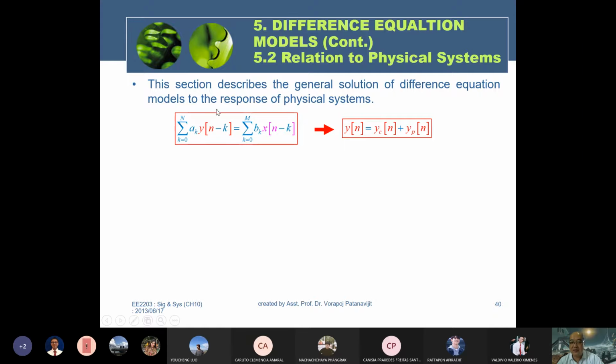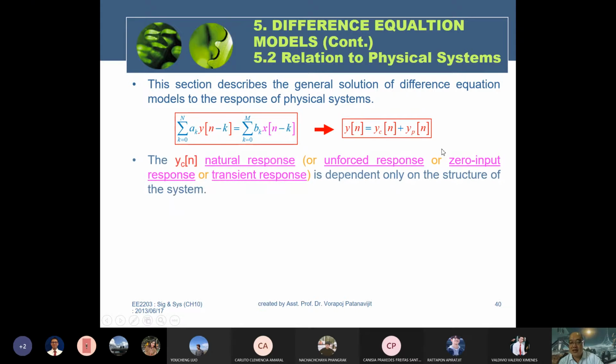If the system that you have is represented by this difference equation and you feed inputs x, the output will be in terms of the complementary function and the particular solution. Yc is the so-called natural response, or the unforced response, or the zero input response, or the transient response, that depends only on the structure of the system itself.